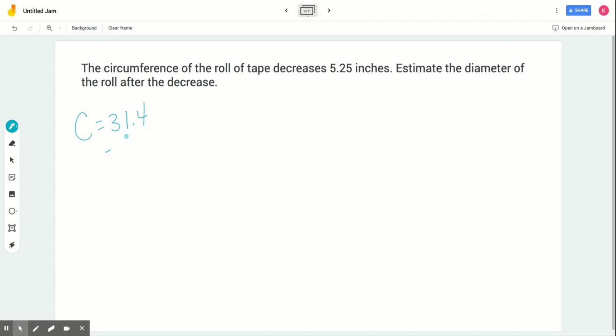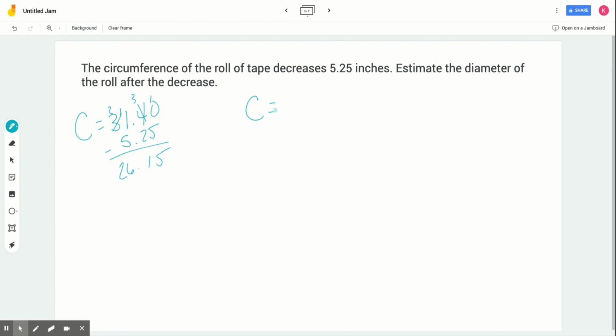It's going to decrease by 5.25. So decrease means we're going to subtract. When we subtract these, we end up with 26.15. Now, the key word here is it says to estimate.